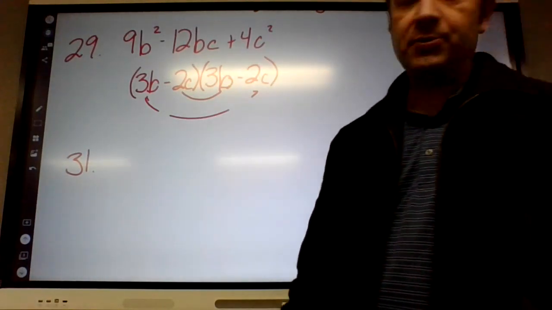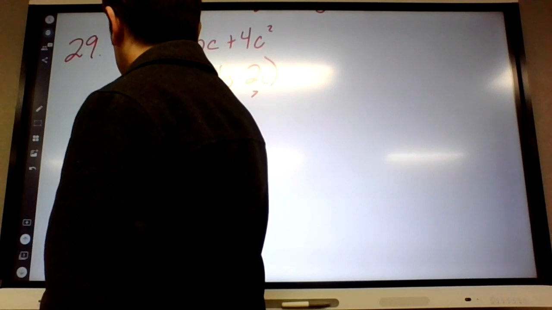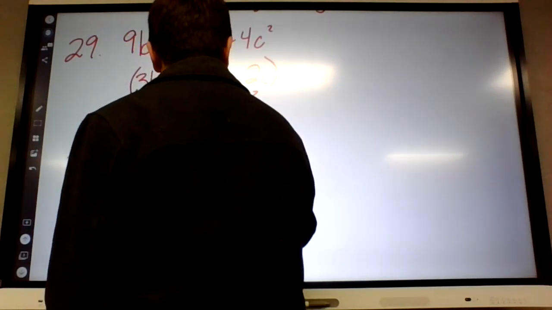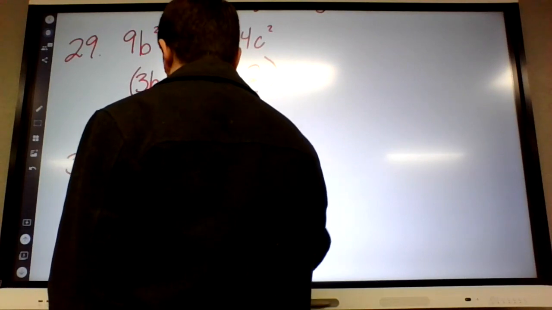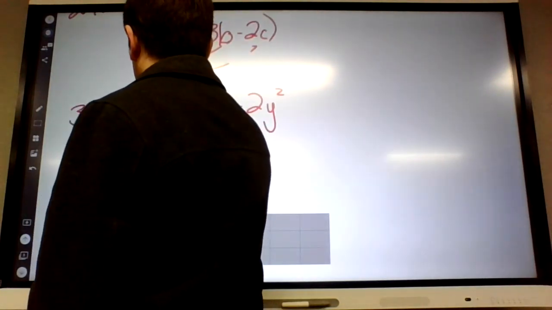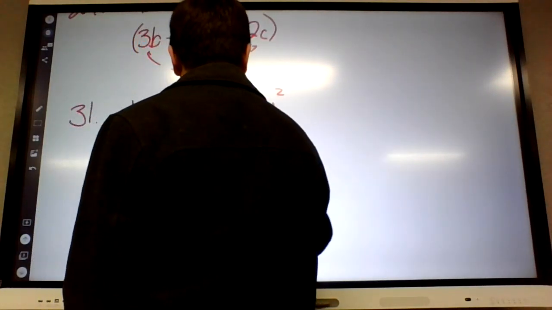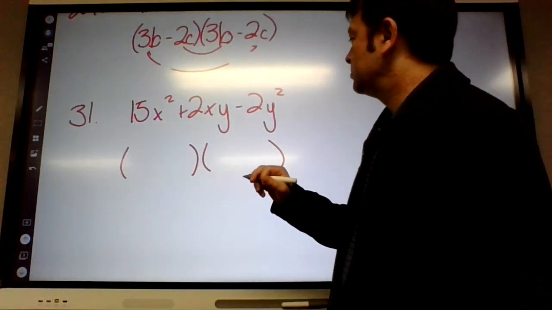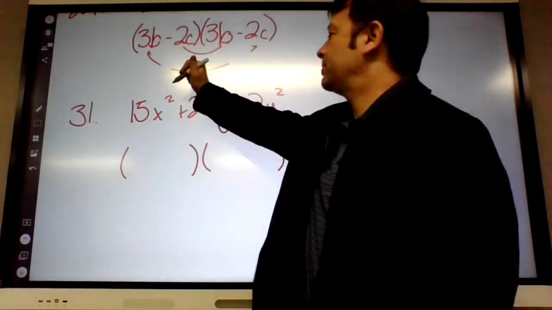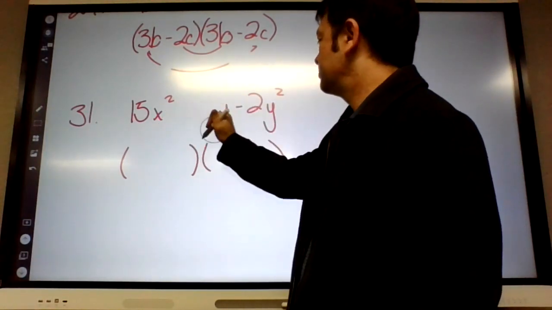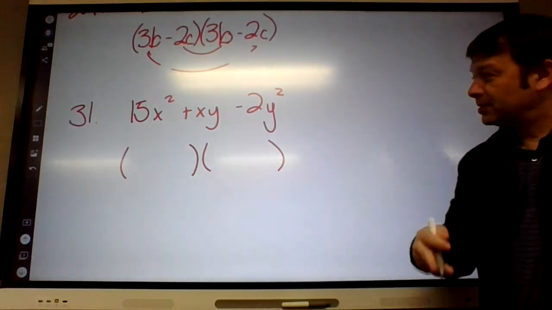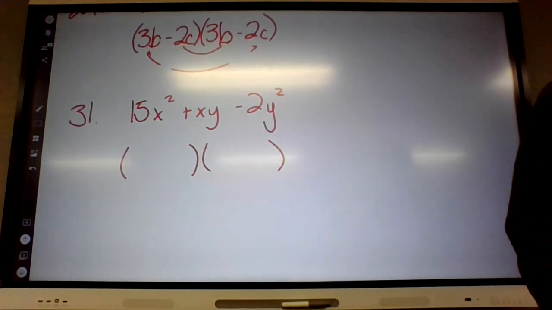15x squared plus xy minus 2y squared. There's all, oh yeah, that's right. It's 2. Now did I copy it right?